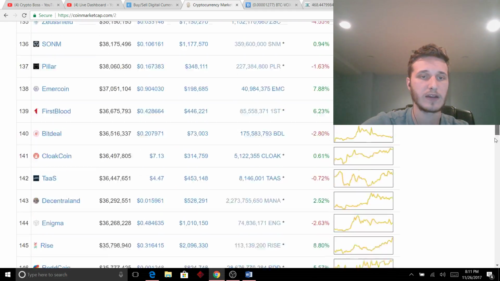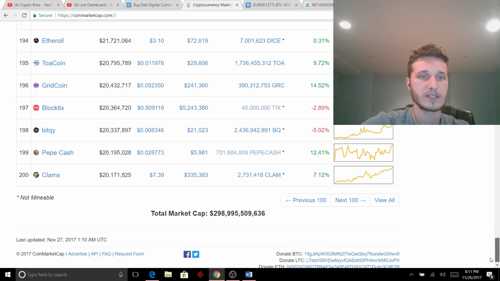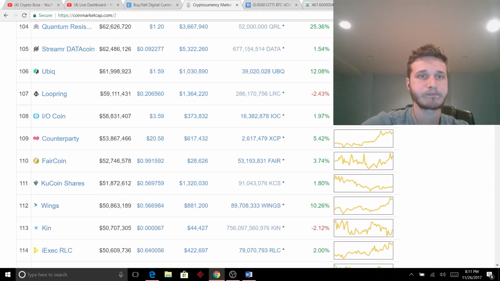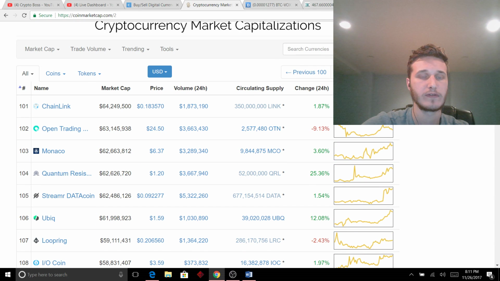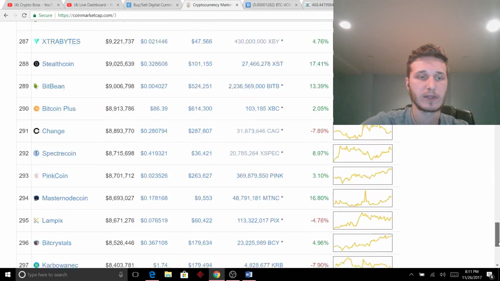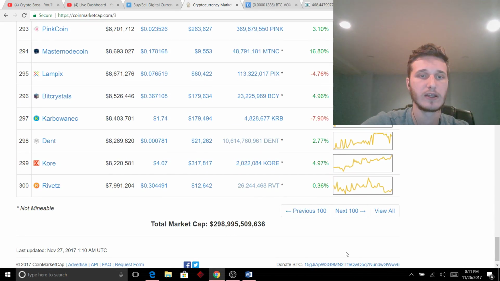So it seems there's like a lot of coins. There's like 100 coins between 20 and 64 million. And then after you get, so this is the last 300 that I'm going to scroll through. So 300 in, the market cap's under $8 million, which is really small.